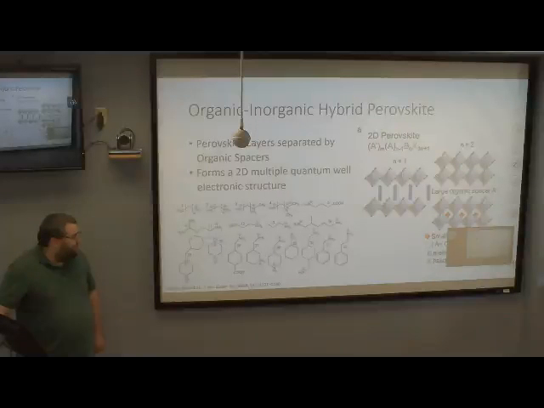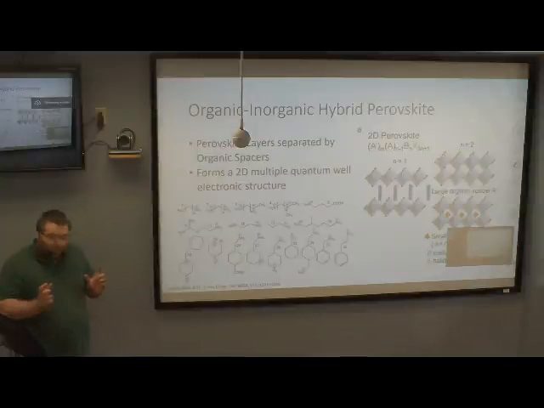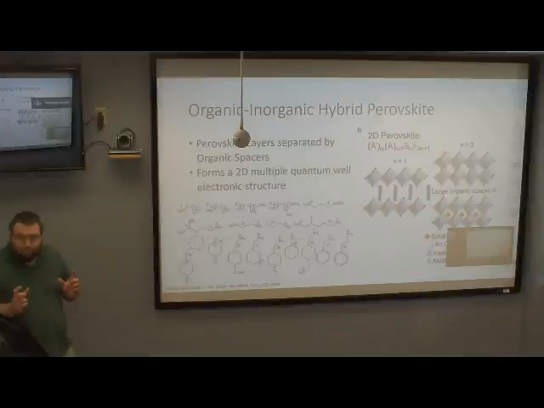And there is also, not so much in the Ruddlesden-Popper, but in the Dion-Jacobson, some interaction in the smaller ones between the different quantum wells of the perovskite layers with the smaller organic spacers.